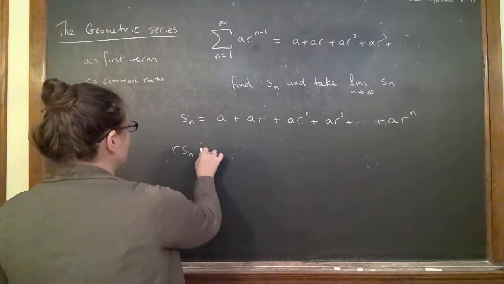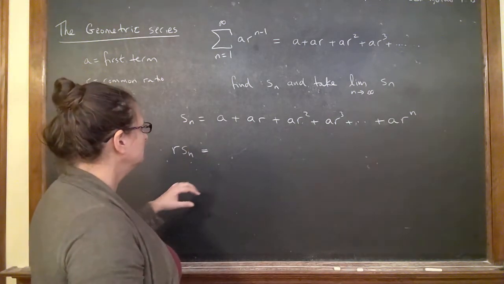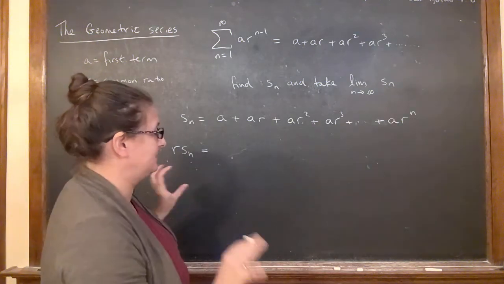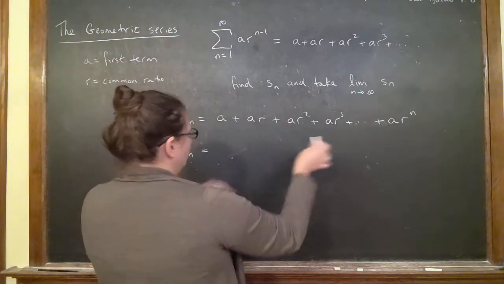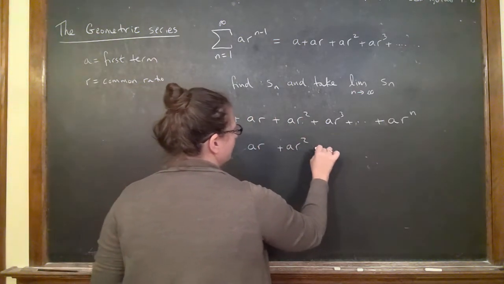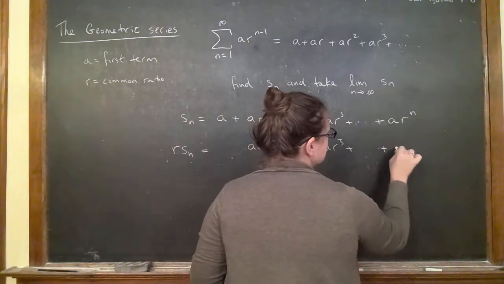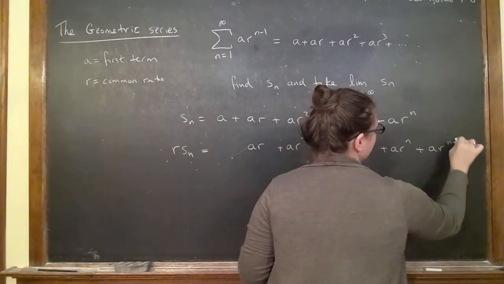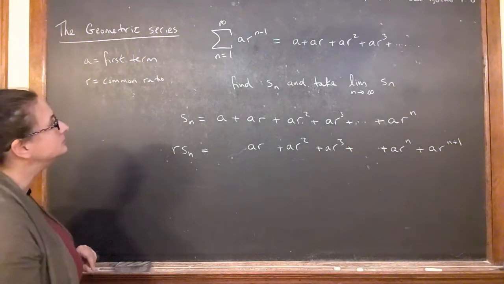So I can multiply everything here by R. I know what I want to do, which is to make everything cancel out. I'm going to write it moved over one, ending with AR to the n plus 1. So that's the trick.